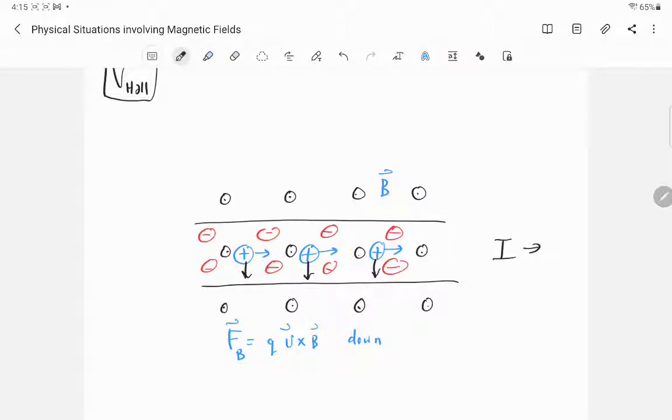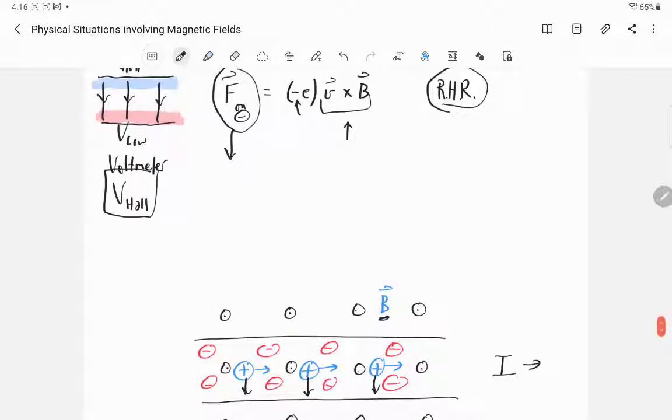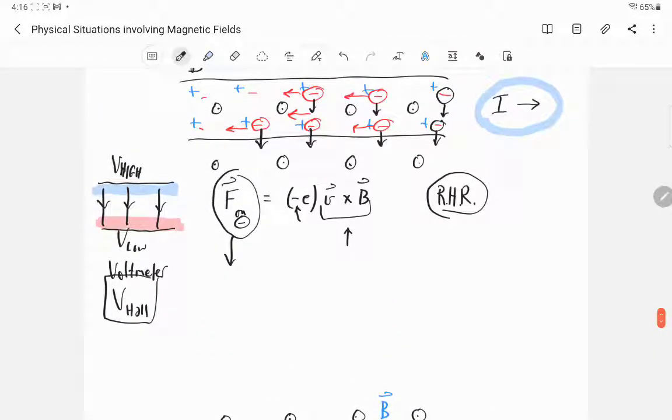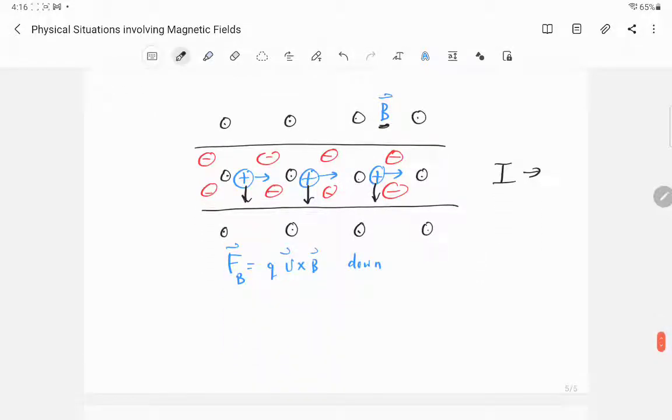Can you see that the B field is the same in my electron flowing assumption as it is in my proton flowing assumption? The magnetic field's in the same direction. The current's in the same direction. But the charge that I assume to be moving is the positive charge, and you can see that it is pressed downwards.